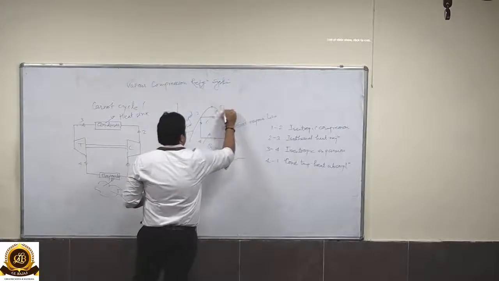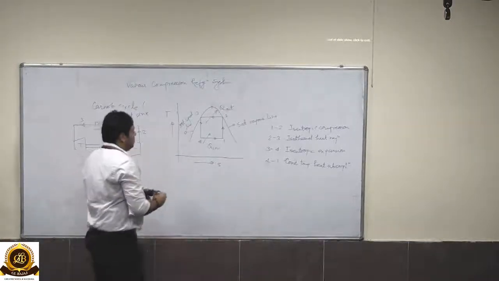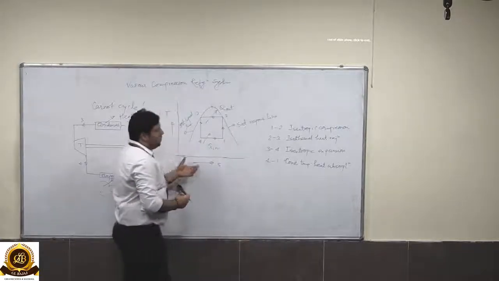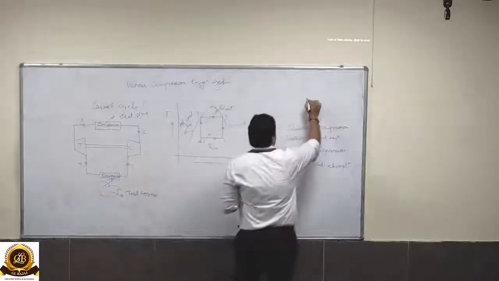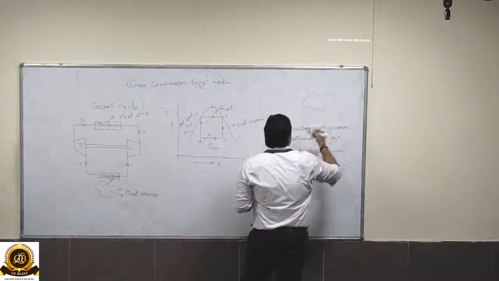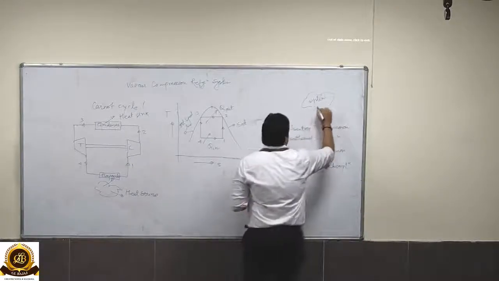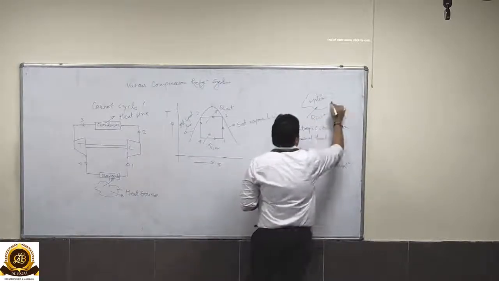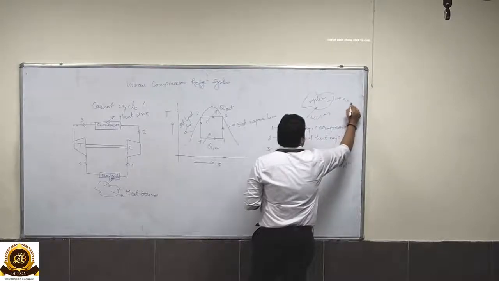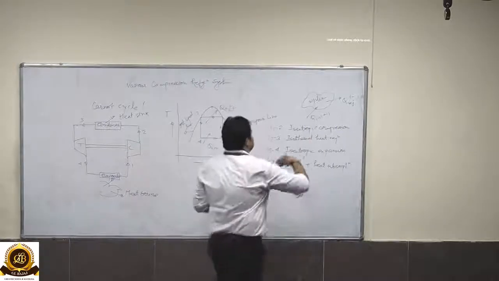We will represent the heat rejected as Q out, while the heat input into the evaporator is represented by Q in. Also, before we proceed, we will have a sign convention. If heat is being added to a system, we represent it as positive, while if heat is being rejected, we represent it as negative, because heat rejection is obviously a negative process.